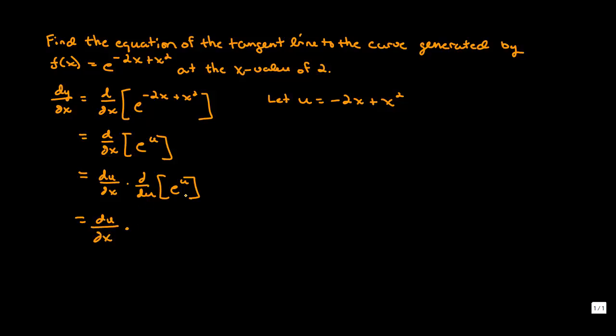And now the derivative of e to the u with respect to u is just e to the u. So again, we'll get that du dx in a second, but if we go back and substitute what u was, that's e to the negative 2x plus x squared.